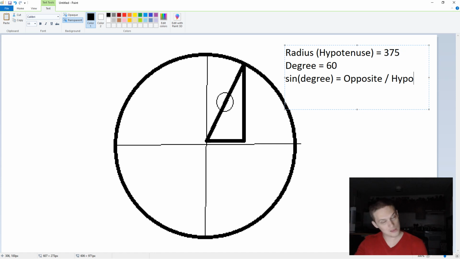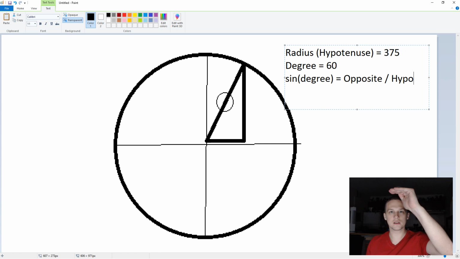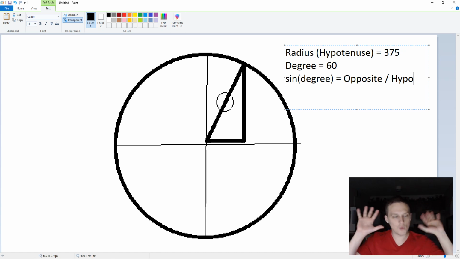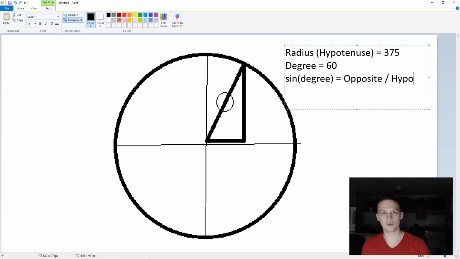Something I remember in mathematics way back in high school, so high school is now paying off, is all we have to do is that on one side, it's opposite divided by hypotenuse. So we will need to multiply both sides of the equation by the hypotenuse, which will eliminate the dividing hypotenuse, and the multiplying hypotenuse will cancel each other out and go away.